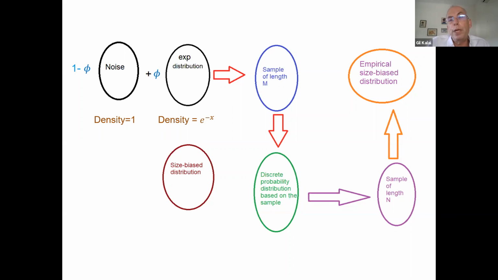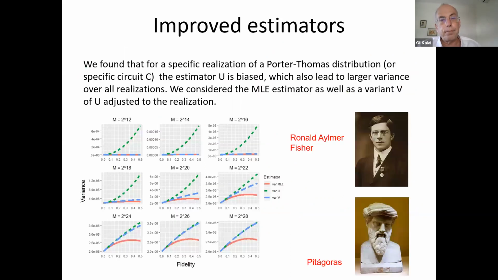From this space, we take a fairly small sample of size n, but the idea is that if we can compute the probabilities, we can get a very good picture of the empirical size bias distribution and of the fidelity phi. Now, we notice that there is a conceptual difference here.